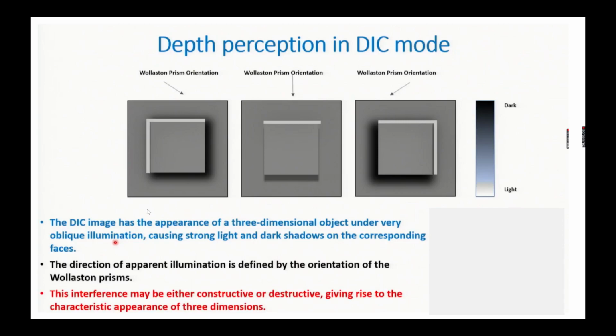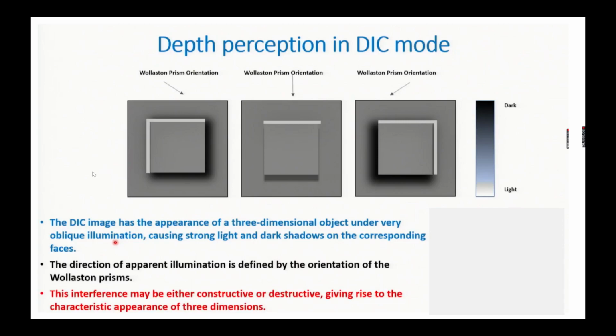So here the DIC image has the appearance of a three-dimensional object under very oblique illumination, causing strong light and dark shadows. It is not exactly an image of the specimen; it is because of the interference, constructive and destructive, giving rise to the characteristic three-dimensional appearance.